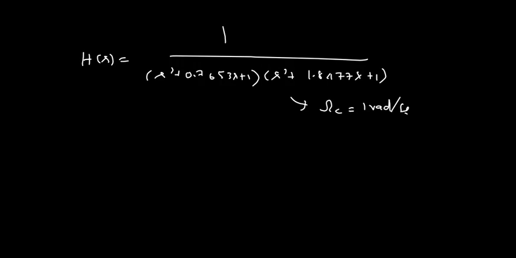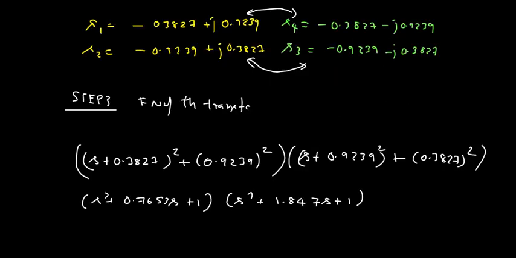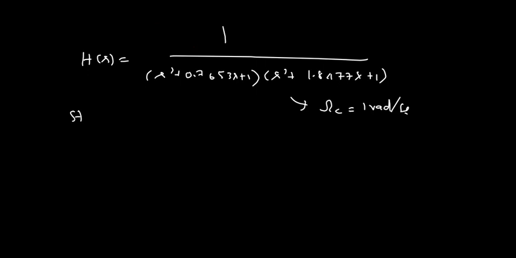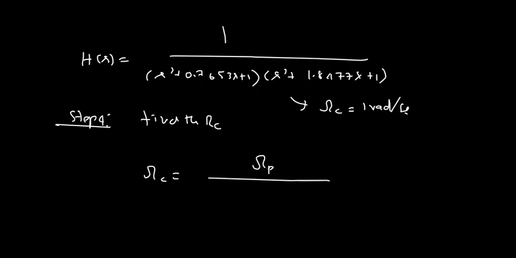So now we have to find the original cutoff frequency, that is our step 4. Step 4 is finding the real cutoff frequency omega c. The formula for omega c is omega p by (10 power 0.1 alpha p minus 1) whole power 1 by 2n.